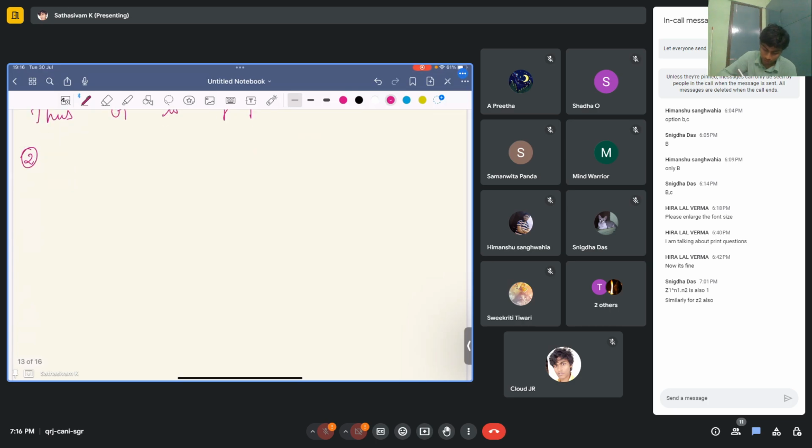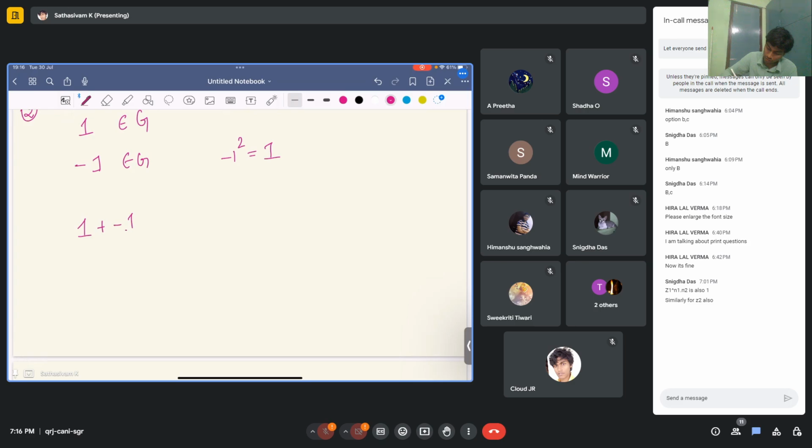So let's take two elements, and I want to say the addition is not closed. You took 1. 1 belongs to G, and minus 1 also belongs to G. Why? Minus 1 square is actually 1, so minus 1 also belongs to G. But if you look at 1 plus minus 1, this is equal to 0, and this does not belong to G. Why does 0 not belong to G?